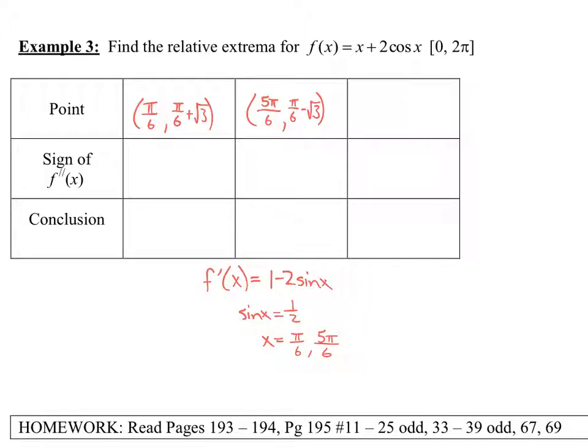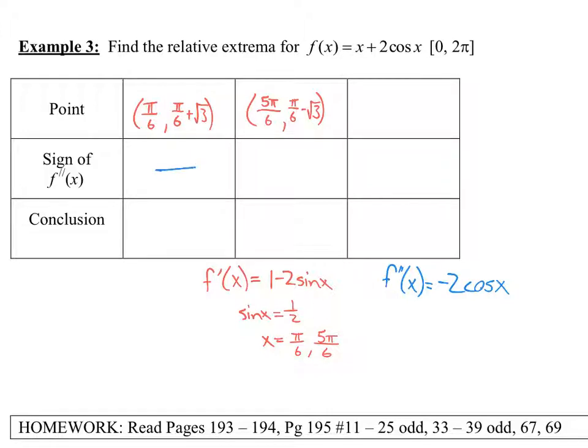All right, so what'd you get for your second derivative? Negative 2 cosine x. Good. So what do I get when I plug pi over 6 into that? Negative something. We don't care what it is, but it's negative.